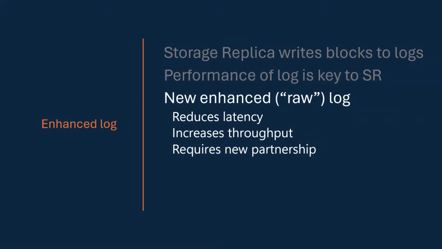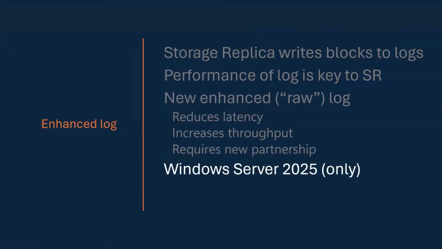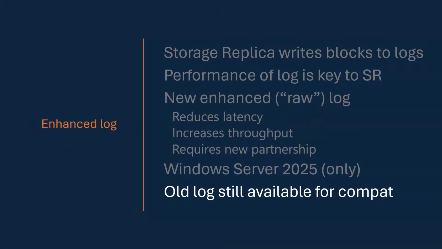This new enhanced log, which we sometimes call the raw log, reduces latency, increases throughput, and is based on a different type of technology, so it requires a new partnership. It is in Windows Server 2025 only, but you can still use 2025 servers with SR in its older mode called CLFS logs on 2022, 2019, 2016, anywhere where SR lives.